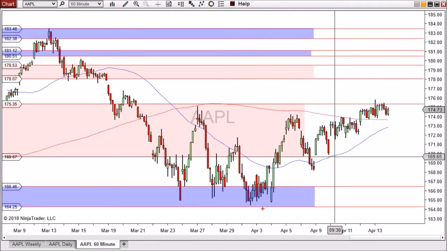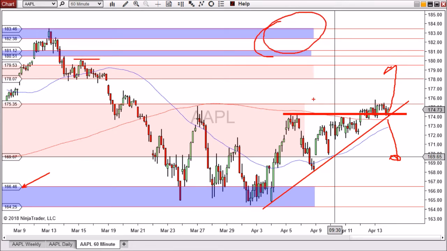But again, watch this. If it breaks here, comes down, gets back into this range here, then this level could be back in play. But if it comes back and takes out this zone, essentially getting above this high, then this guy is in play.